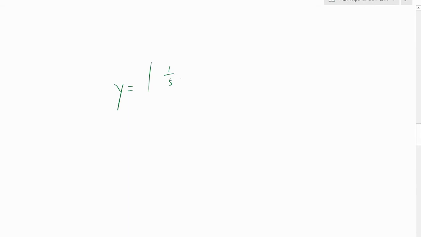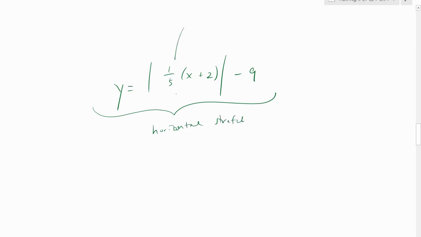Let's put this in there. But compared to the parent function, this is a horizontal stretch because that 1/5 is multiplied by the argument, shifted 2 to the left and down 9.